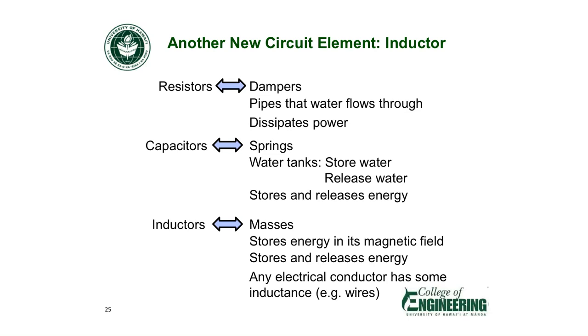So if you're not accounting for inductance in the circuit, and you make a circuit with a really long wire, that might have a non-negligible inductance and affect how your circuit behaves. But again, for the purposes of this class, wires are just wires. Don't have to treat them like inductors.